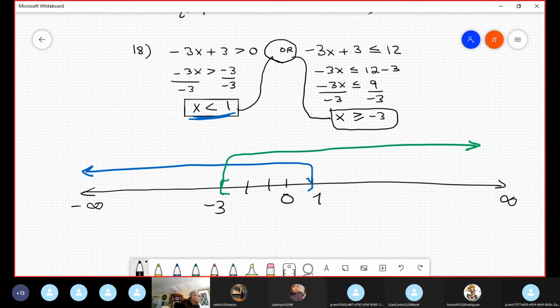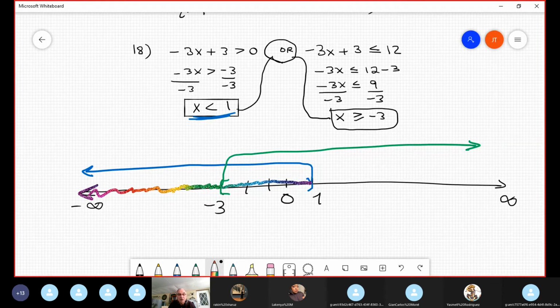Another participation. B. Absolutely perfect, because the green and the blue overlap and generate all real numbers. The answer is all real numbers. Look, I try to highlight directly on the line the blue bar.